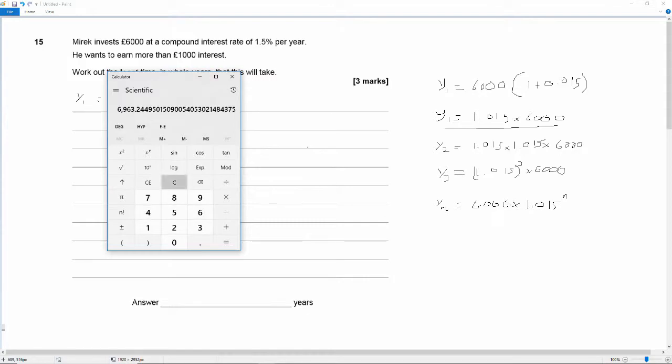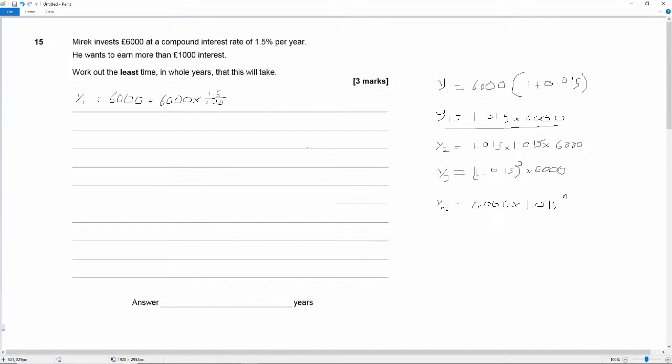So let's try 6,000 times 1.015 raised to the power of 11. £7,067.69. So 10 years is not enough, but 11 years is just a little bit too much. But to the nearest whole year, it's going to take 11 years.